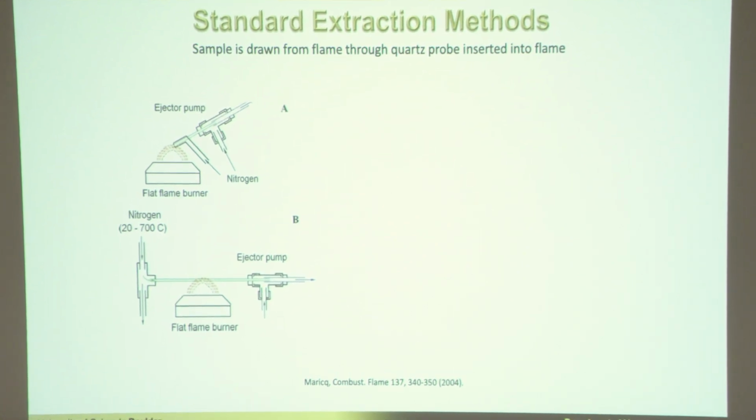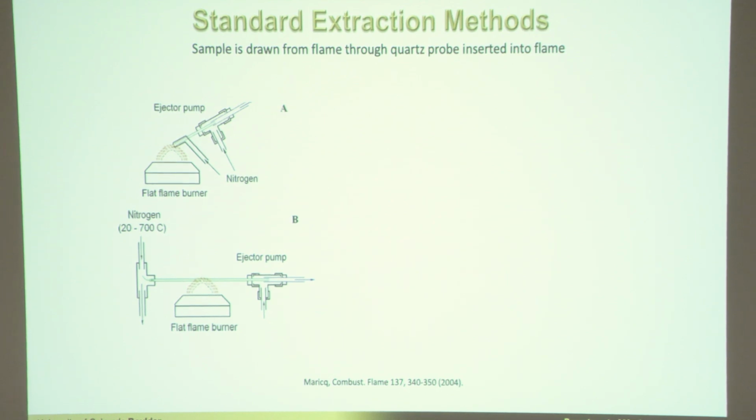So it's a very clever way of making a probe. The problem is the probe then gets bigger because you have this jacket of nitrogen around it. Here's another way of sampling, through a tube with a hole in it, and you send nitrogen through. It cools and dilutes in the tube as the particles go in.